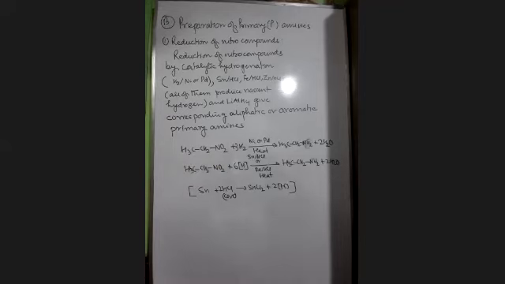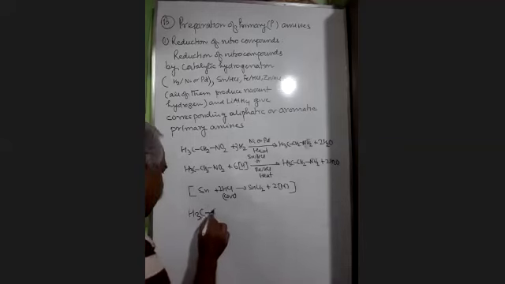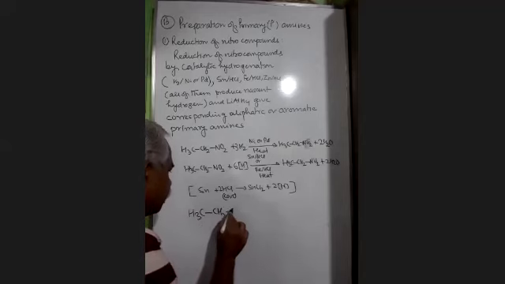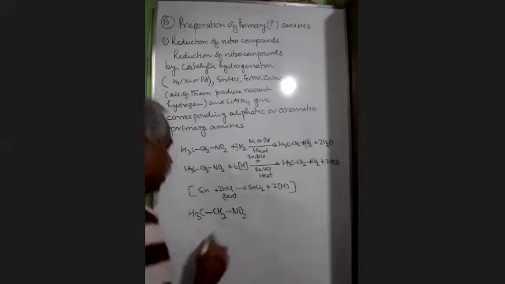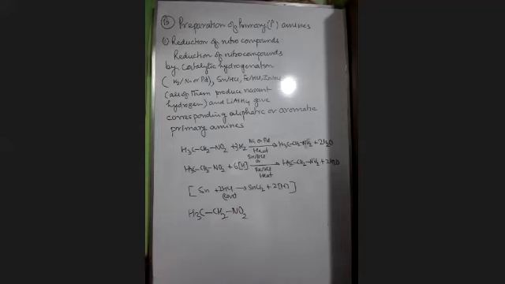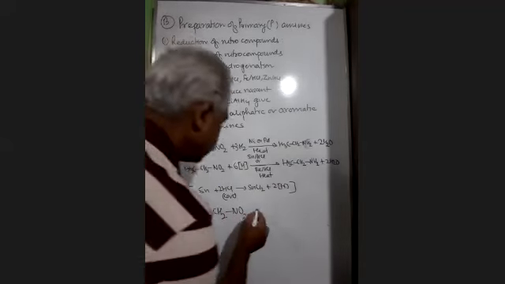So I'll do the last one. You will get here CH3CH2NO2. See, lithium aluminum hydride does not supply hydrogen molecule or hydrogen atom, but it supplies H minus ion, hydride. They are the strongest reducing agents. So here I'm not going to write anything.